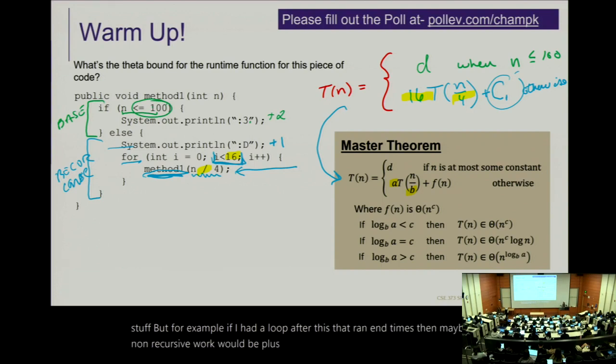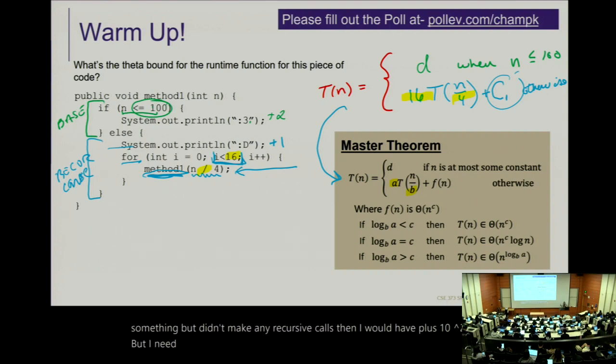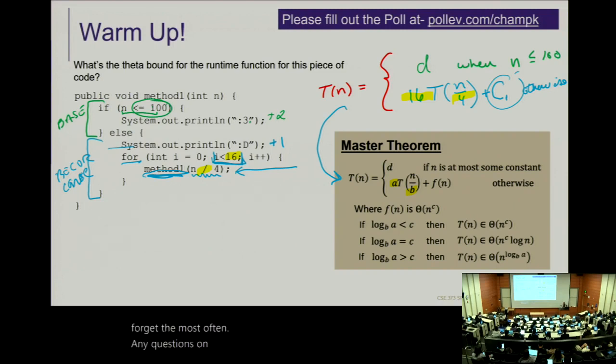If I had a nested loop that did something but didn't make any recursive calls, then I would have +n squared. But I need to make sure that within the recursive case, there is likely always going to be some amount of non-recursive work on top of whatever recursive calls we're going to make. Not always, but it's the thing that students tend to forget the most often. Any questions on how I got to this recurrence?